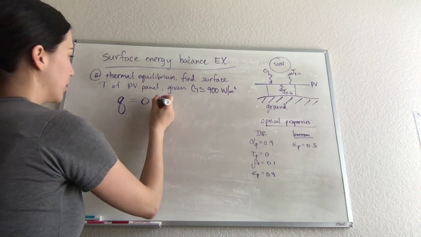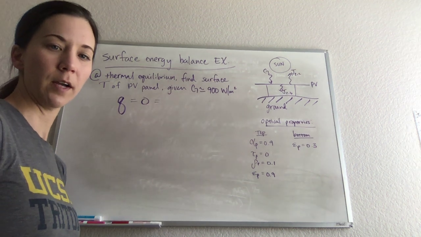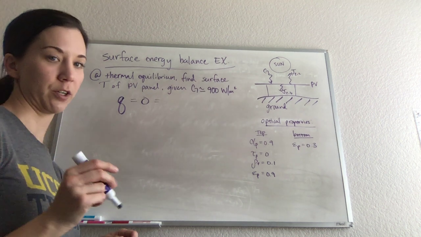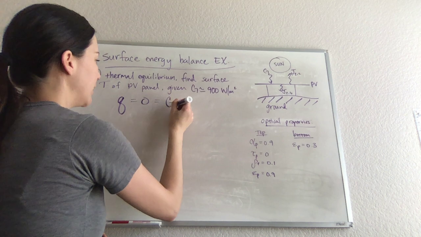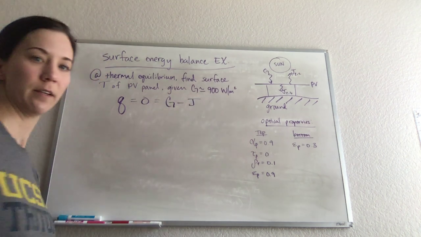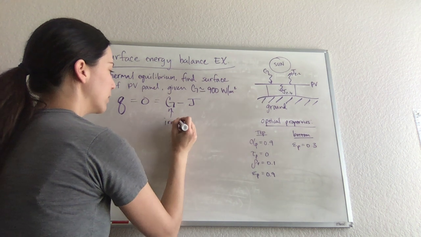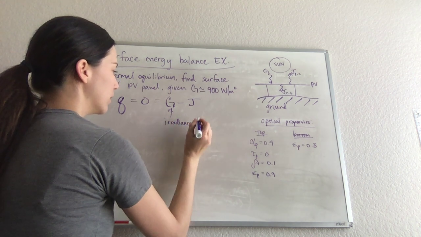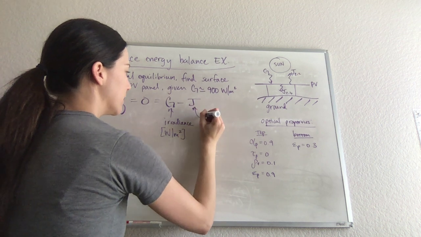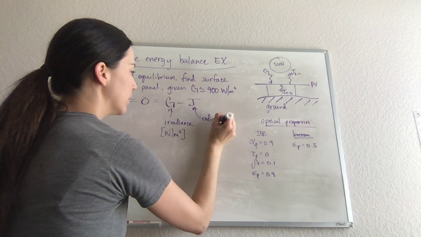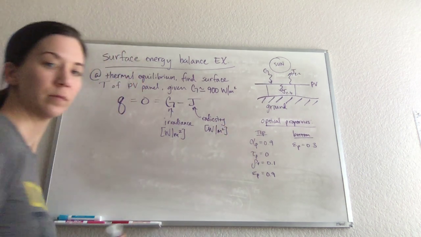And if you recall from the lecture notes, this Q is equal to G minus J in a very general sense, where G is the irradiance, in watts per square meter, and J is the radiosity of the surface in watts per square meter, okay?